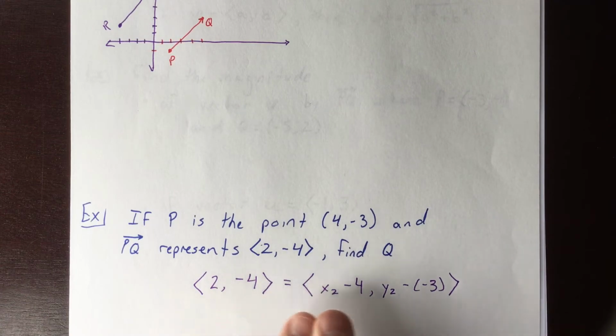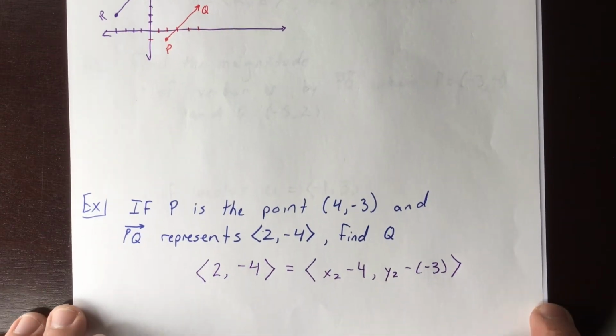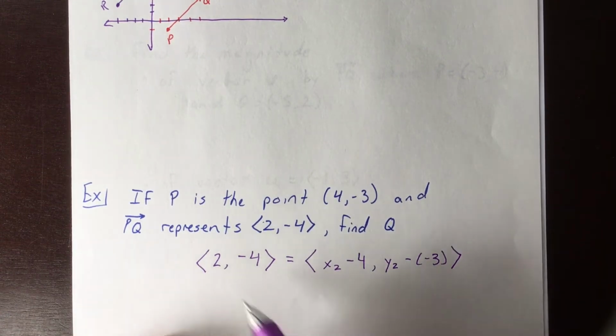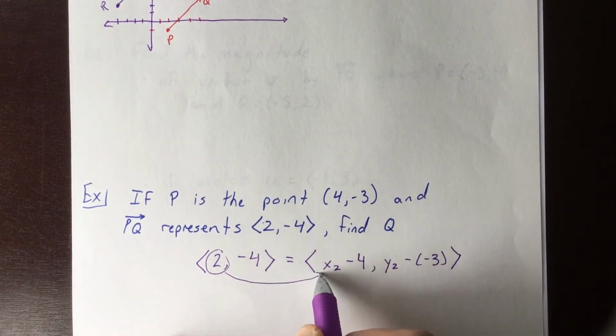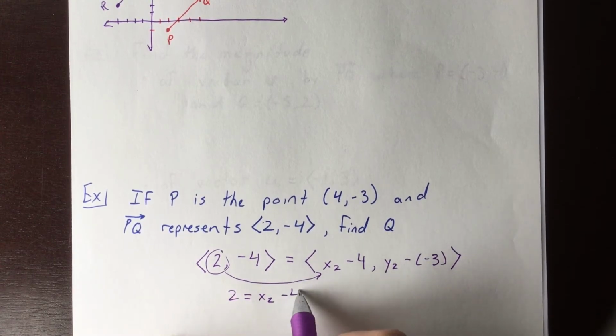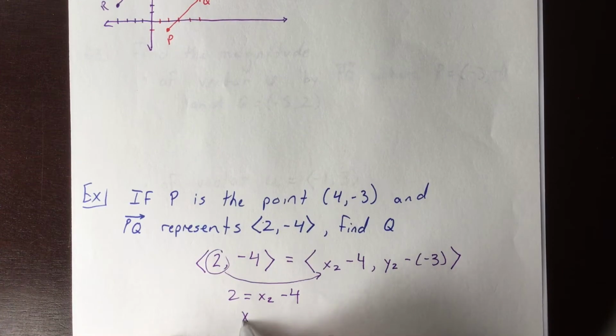Now, if you understand the component form of the vector, we can say that this must equal 2. So if 2 must equal x minus 4, well, we could argue then that x2 equals 6.